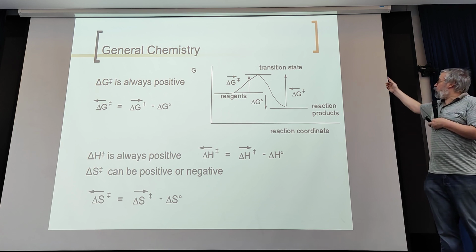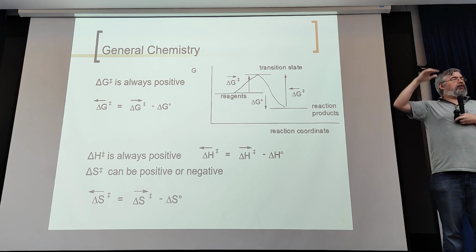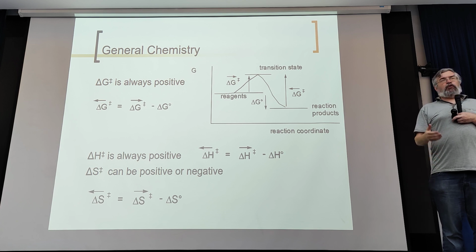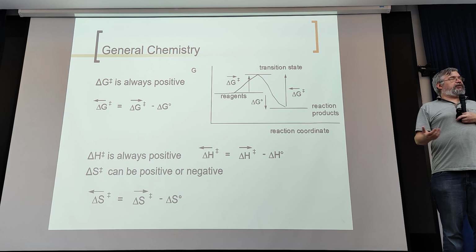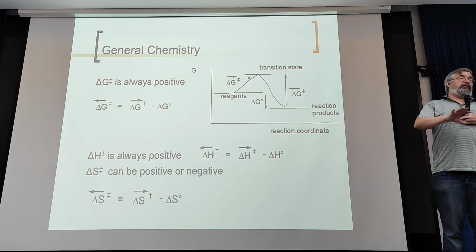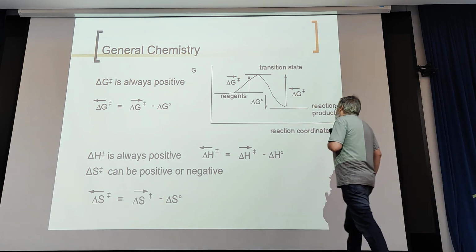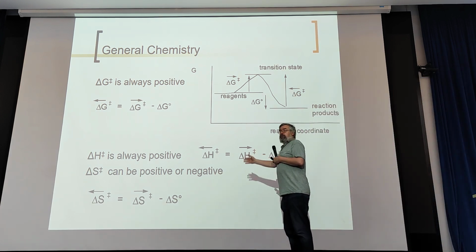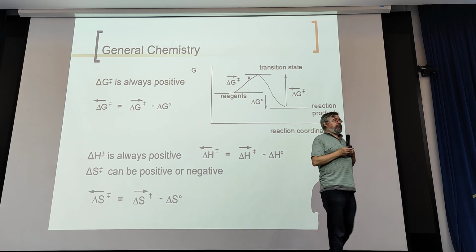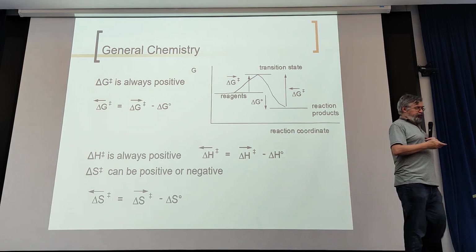You can see that we have to go over a much larger mountain. It also means the reaction will be slower. So this reaction is slower than the one that goes in the opposite direction, the one from reagents to products. And we can also write the same about the entropy factor.